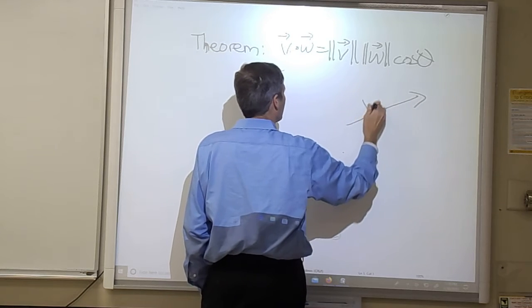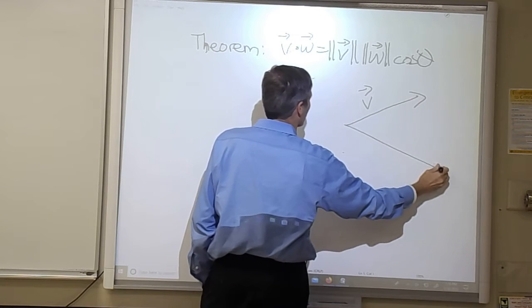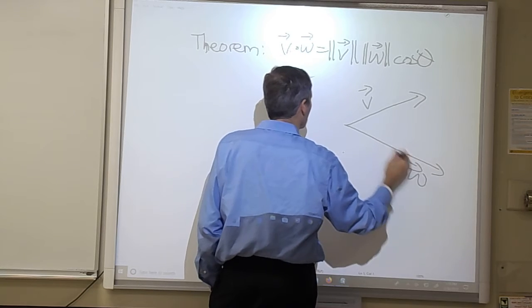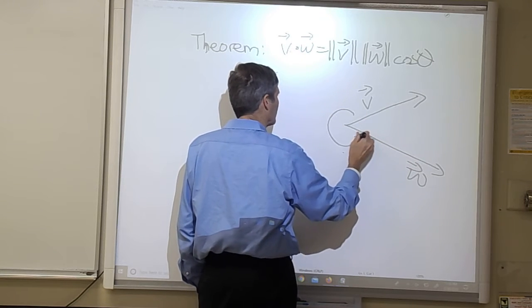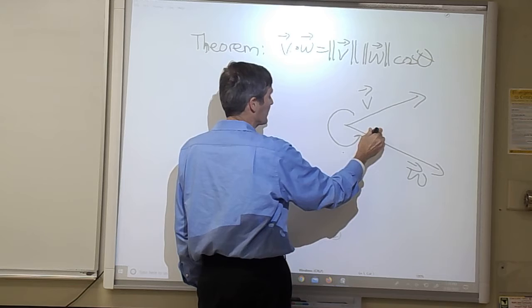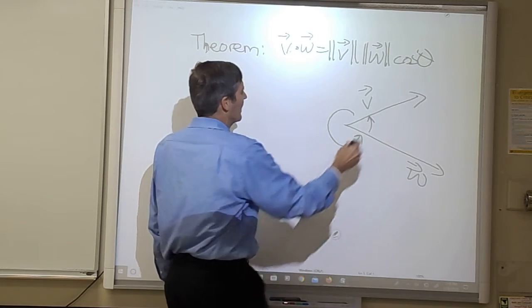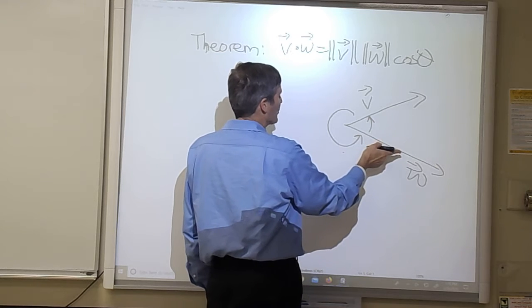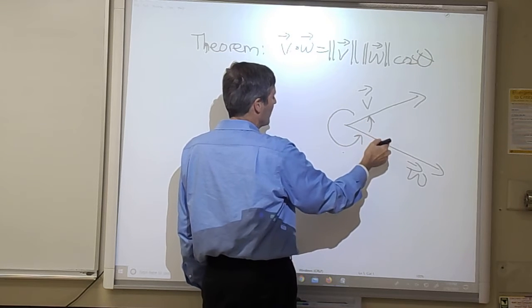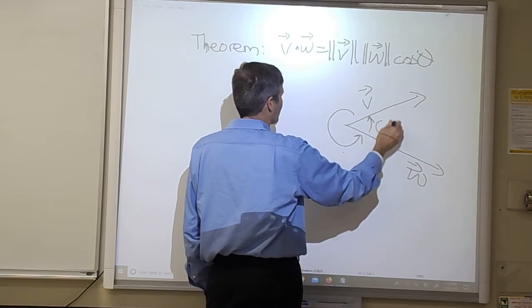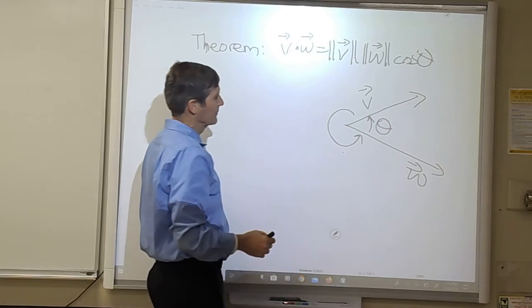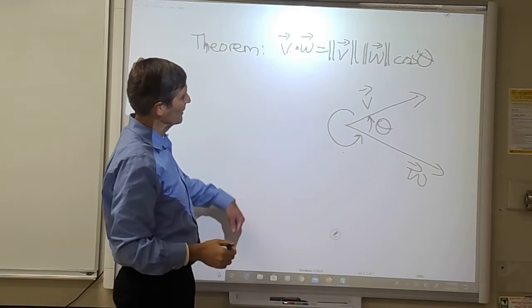What is the angle between them? There's a choice, right? If here's v and w, maybe it's this angle, because you want to go counterclockwise. Maybe it's this angle. Maybe you want to go the other way, clockwise. What is it? The angle between them is the smaller of these two angles, measured in the positive direction. So this is theta here, the one angle between 0 and 180.